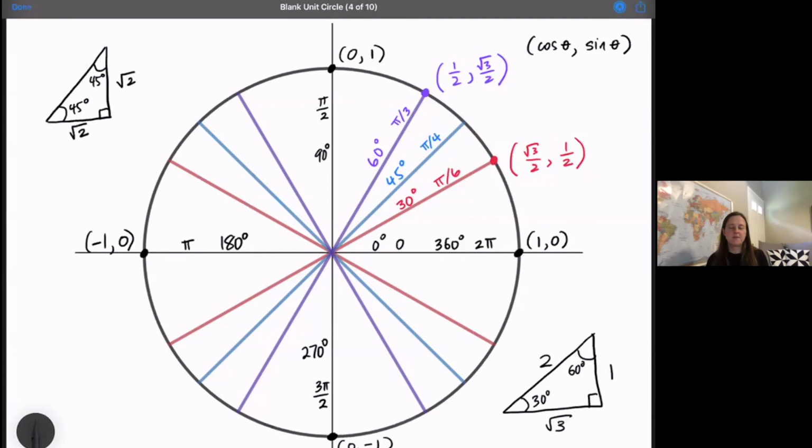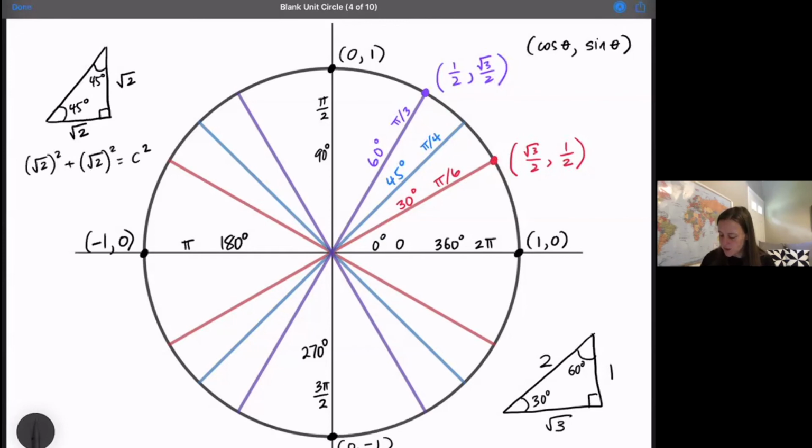Both of those sides have to be the same length because this is an isosceles triangle. But I'm choosing root 2 and root 2, and the reason why is because it gives us the same hypotenuse as the 30, 60, 90 triangle. So let's double check that that works. We would do our a squared plus b squared equals c squared to find that hypotenuse.